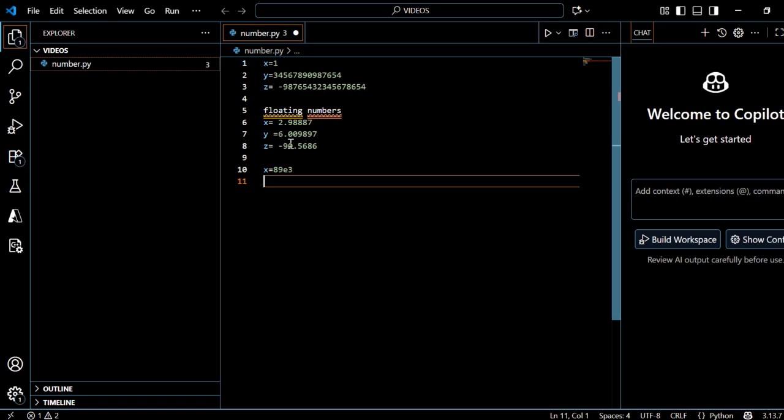Also, we can write y to have something like 12e to the power of 6. We can also have z, which equals any negative number e to the power of 100.